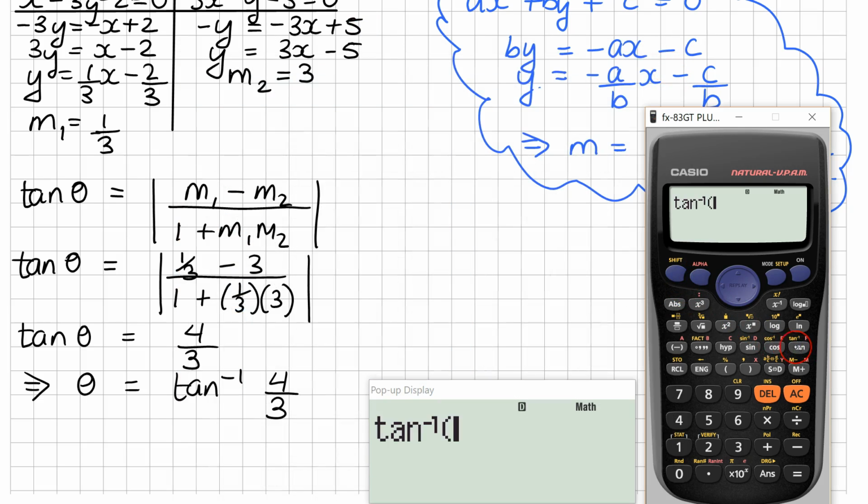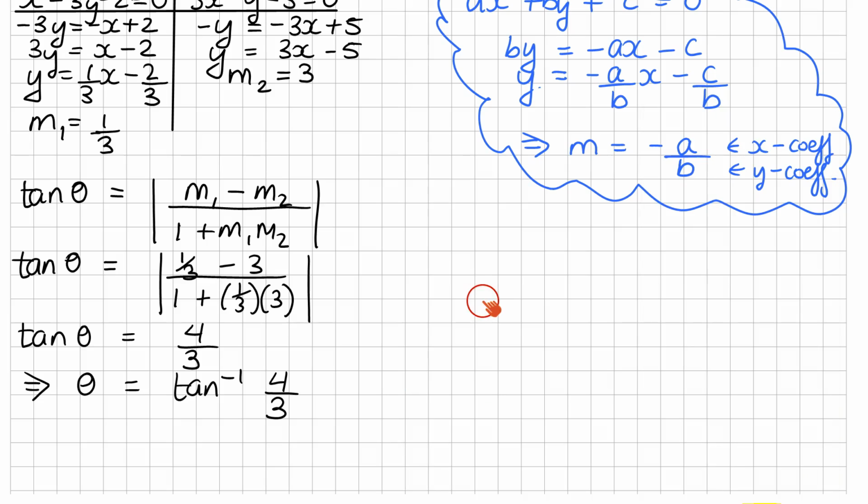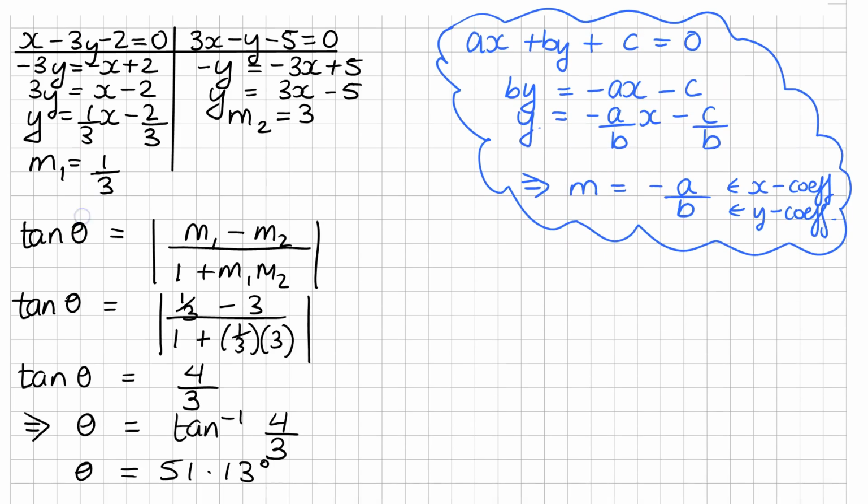So I'm going to press inverse tan of 4 over 3, close my bracket, press equals, and I get 53.13 degrees. So I just write that down, that 53.13 degrees is theta. And just look, are we asked to get it to any particular number of decimal places? No, we're not, so that's it.